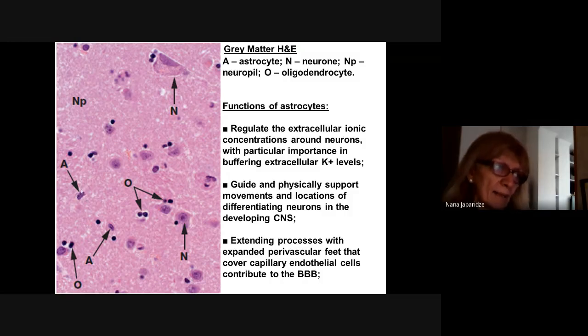Sometimes it is not possible to differentiate oligodendrocytes and astrocytes from each other, because it depends on the plane of section.